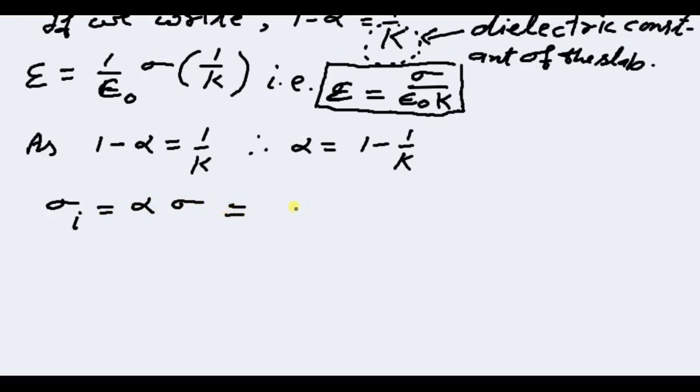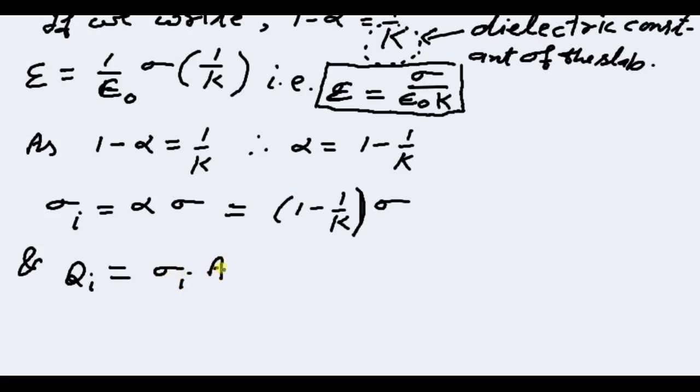It will be equal to 1 minus 1 upon k into sigma, and induced charge Qi will be equal to sigma I into A. A is the surface area.